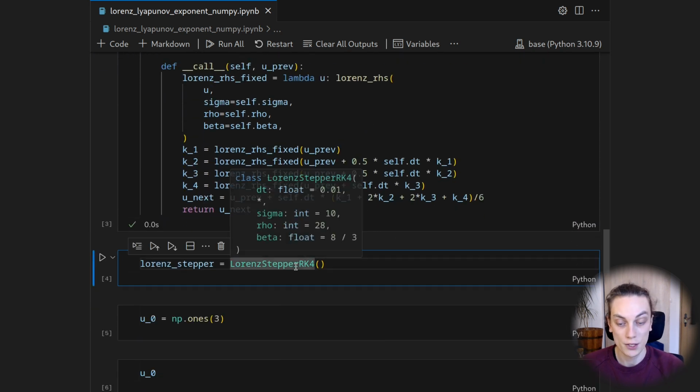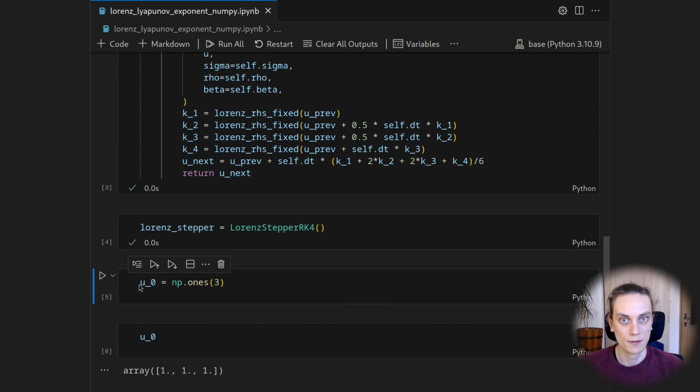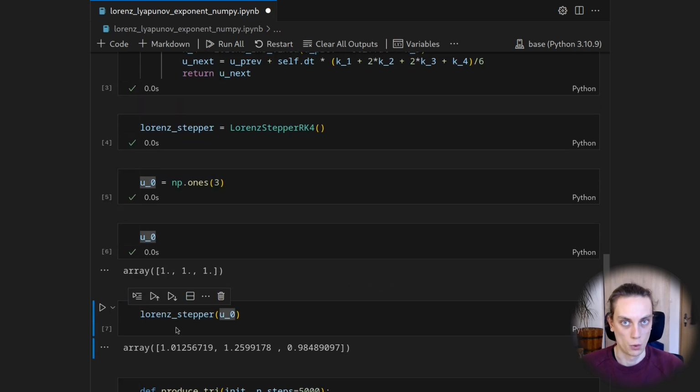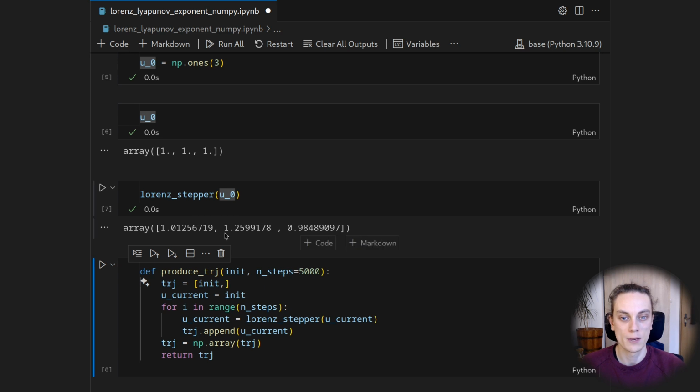Then we can instantiate this one, and we also started with an initial condition. So here, as mentioned before, I will just use a ones, or a three-dimensional vector filled with 1. And essentially what our Lorenz stepper did is that it took a three-dimensional vector and produced another three-dimensional vector, which was essentially the vector further in time.